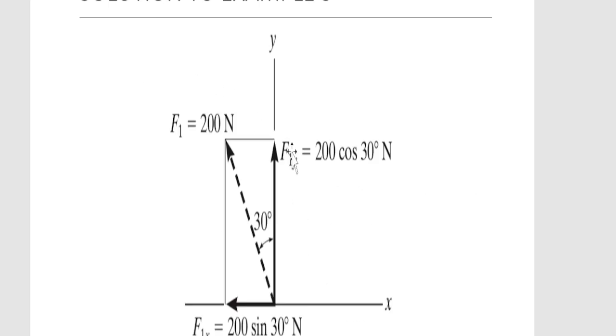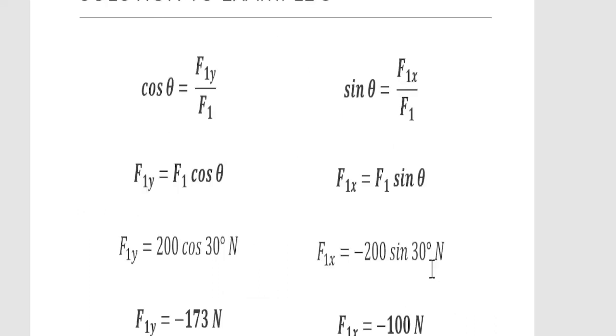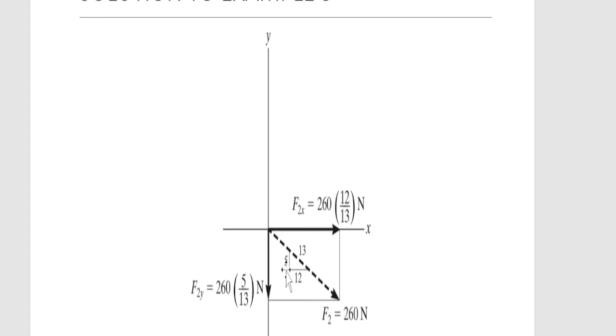So another is the vector at the fourth quadrant. For the fourth quadrant, it's given with the slope 5, 12, 13. So we can use the same formula, the ratios that I mentioned a while ago. F2x would be equal to 260, because F2 is 260, times the slope base by hypotenuse, 12 over 13.